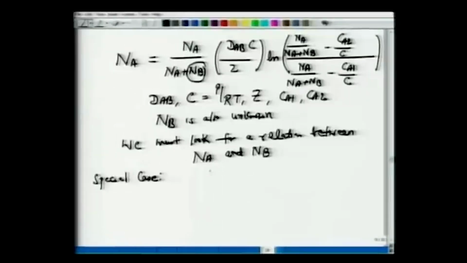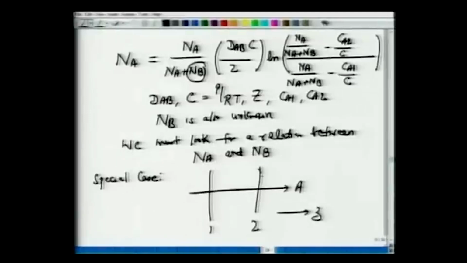So one of the examples would be that we have the same planes 1 and 2 for A to diffuse in the z direction, and we assume that A is getting decomposed into B and some other compounds. We can take an example of, say, methane, which is A, decomposing into carbon and hydrogen.